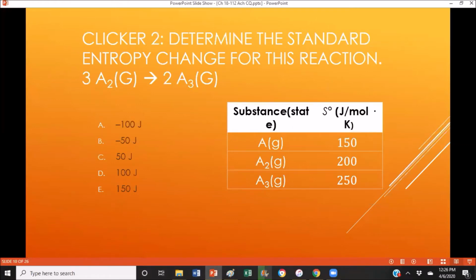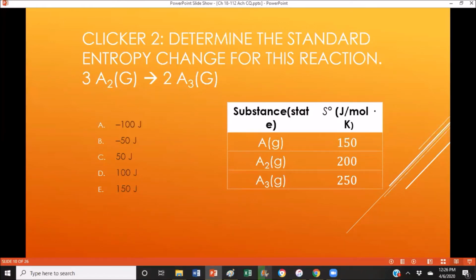But before we get to that, clicker question 2. Do not overthink this. There are 3 substances on this table. We only need 2 of them. So calculate the entropy change for this reaction. 3 moles of A2 goes to 2 moles of A3. 3 moles of A2 as a gas goes to 2 moles of A3 as a gas.